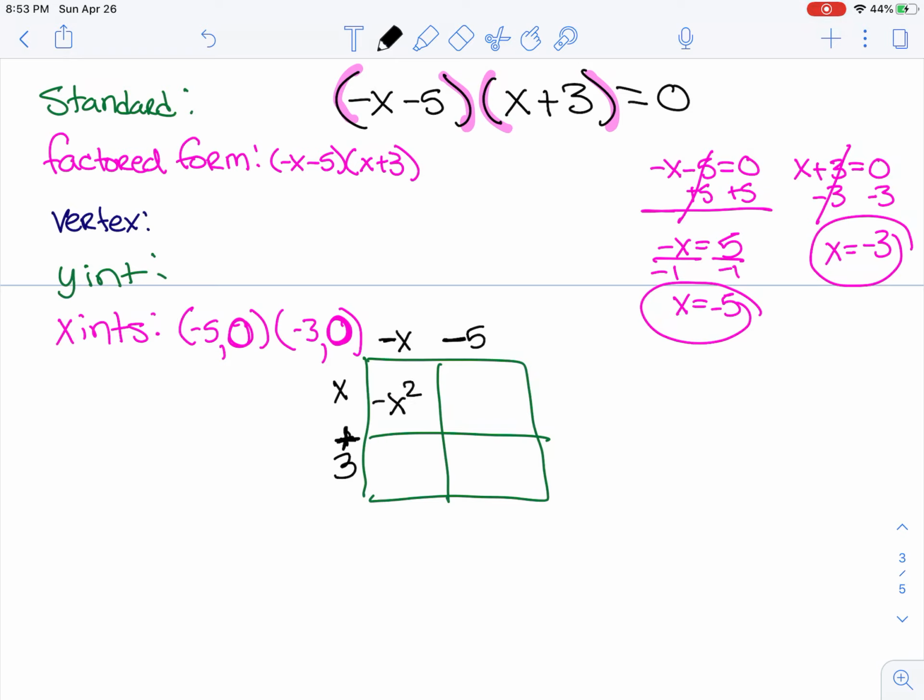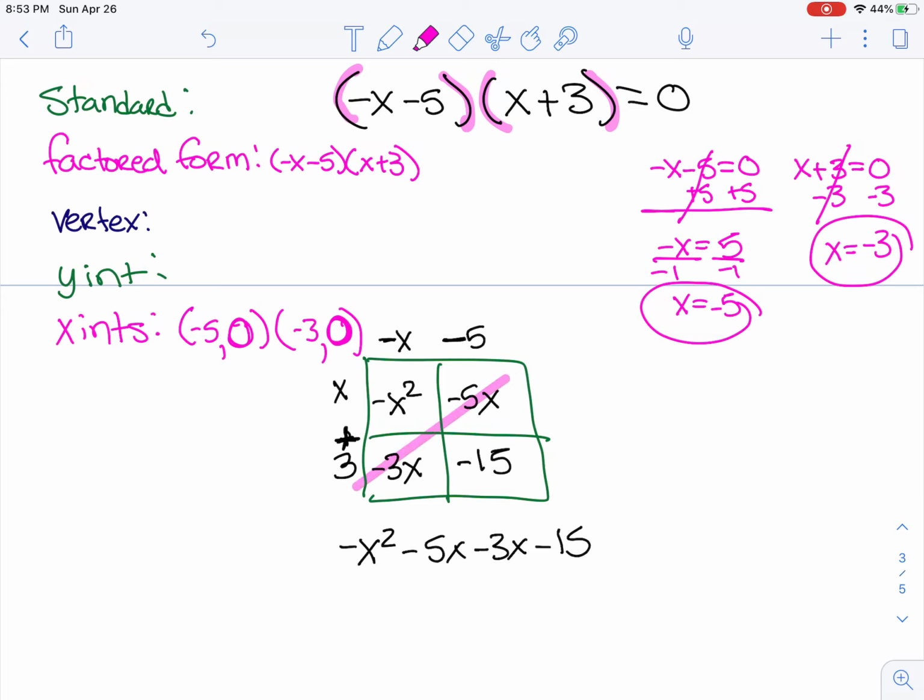If I have x times -x, I get -x squared. If I have x times -5, I get -5x. If I have 3 times -x, I get -3x. If I have 3 times -5, I get -15. This gives me -x squared minus 5x minus 3x minus 15.